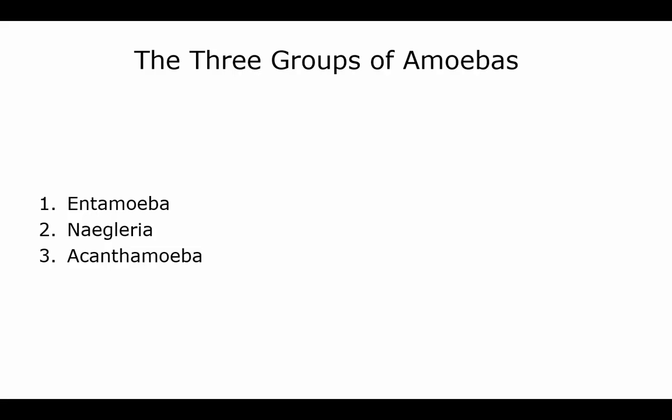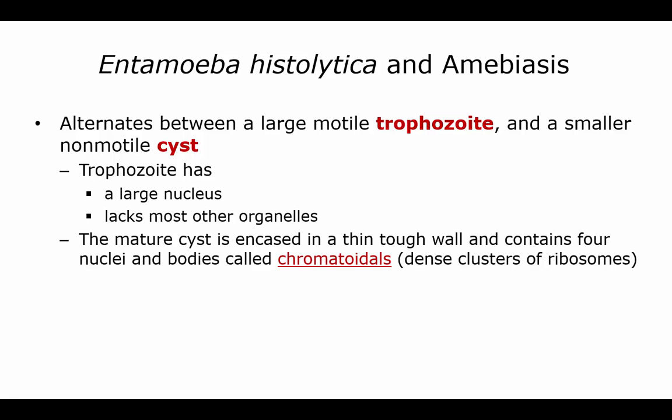Now, there's three groups of amoebas: the Entamoeba, Naegleria, and Acanthamoeba. The Entamoeba histolytica alternates between the large motile trophozoite, the feeding stage, and the smaller non-motile cyst.